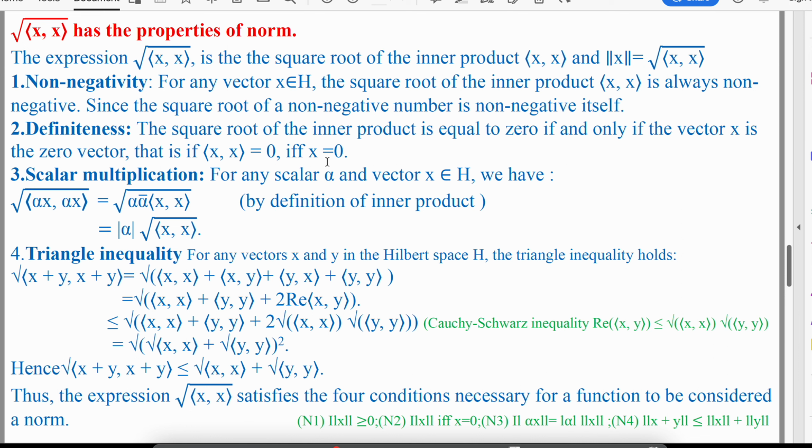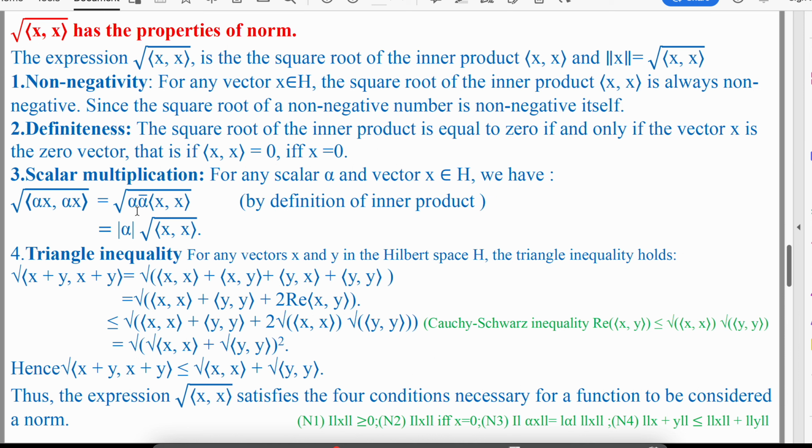Thirdly, for any scalar alpha and vector x belonging to H, we have the inner product of alpha x with alpha x equal to alpha alpha bar times the inner product of x with x, because here alpha is on the left side, and here alpha is on the right side, so it will come out as alpha bar, the conjugate of alpha, and alpha times alpha bar is mod alpha whole square.